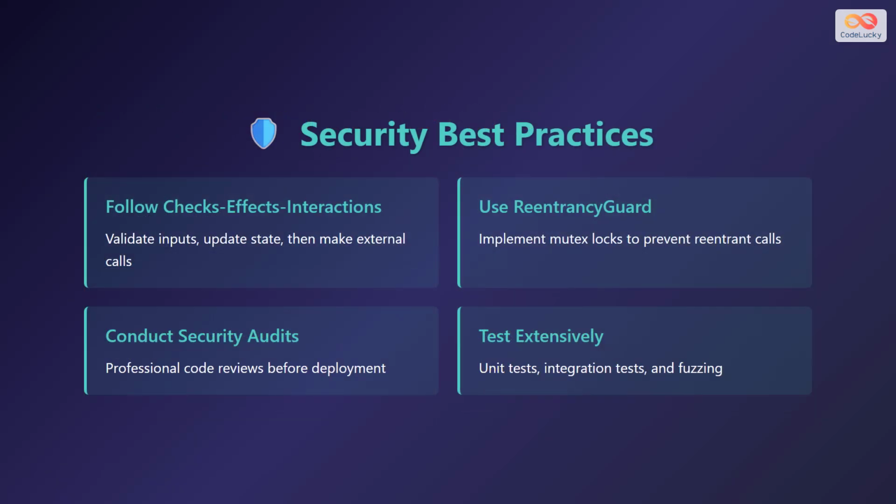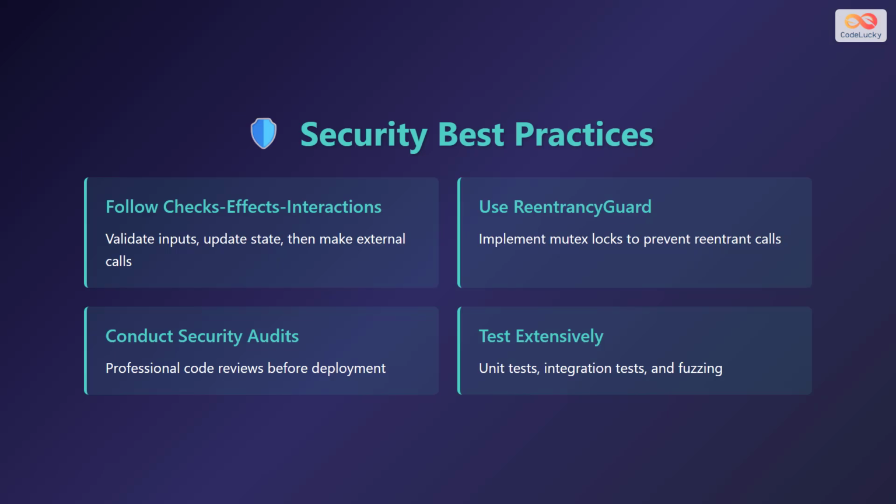Let's review essential security best practices. First, always follow the checks, effects, interactions pattern. Validate all inputs and conditions first, update your contract state second, and only then make external calls. This ordering prevents reentrancy and ensures state consistency. Second, use reentrancy guard mechanisms, which implement mutex locks to prevent functions from being called recursively.